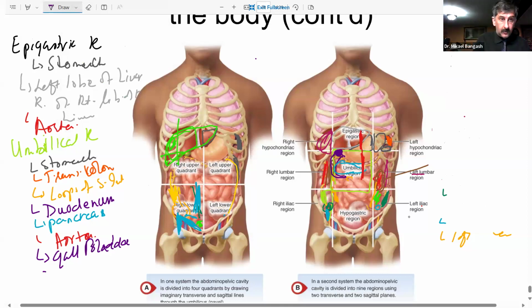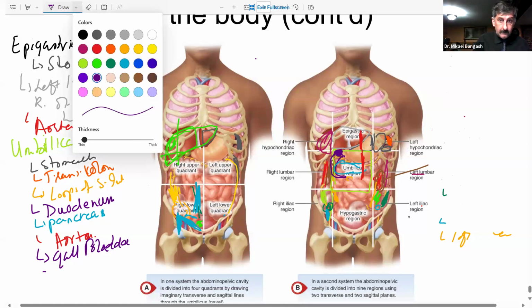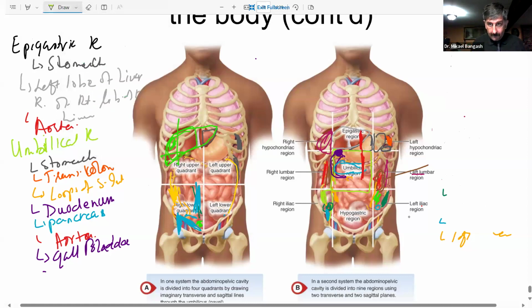And what we actually can see here at this point here, we have the right mid-clavicular line, which is around the sagittal plane.